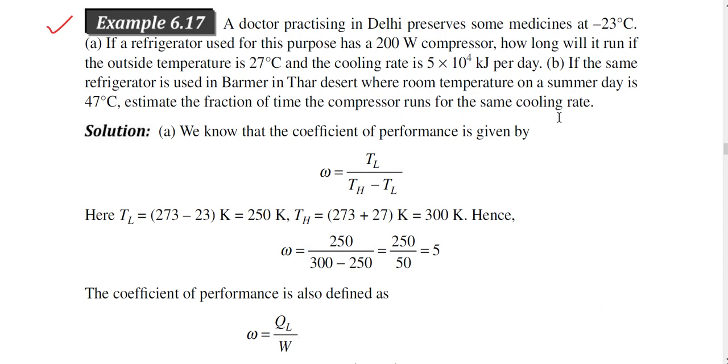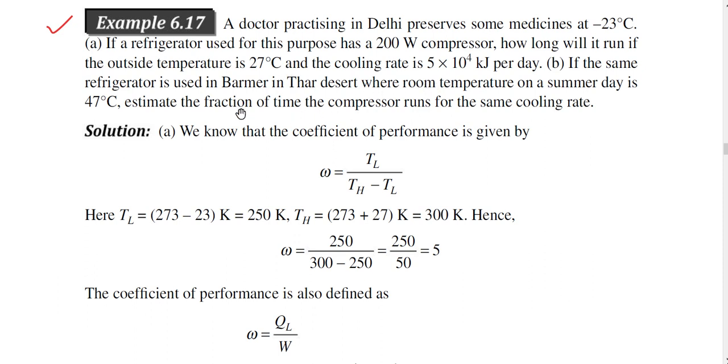So the second case is that we are using the refrigerator in the Thar desert where the outside temperature is very high. In Delhi the outside temperature is 27 degrees centigrade, but in the Thar desert it is 47 degrees centigrade. So this temperature is quite higher, but you are applying the same refrigerator at the same cooling rate.